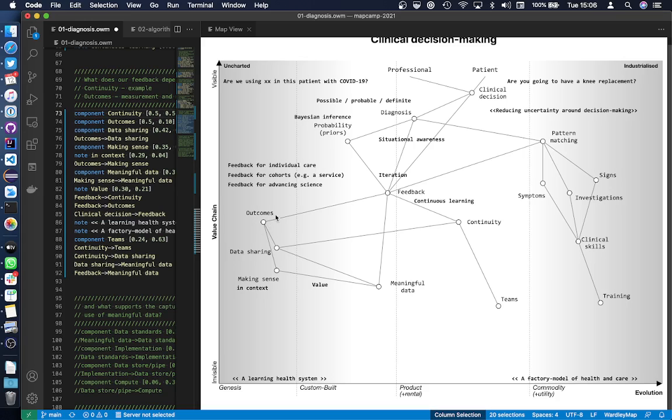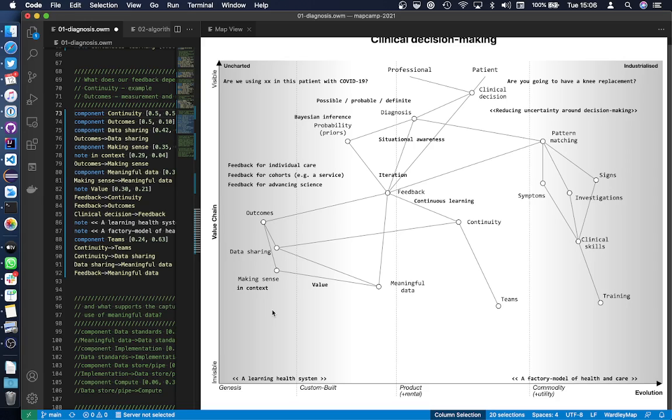We need to focus on outcomes, which we do not do. So how do we assess what we're doing unless we're measuring outcomes in a systematic fashion? And if we need continuity and we want to focus on outcomes, we need to share data, and that means making it systematic, and we do not do that at the moment, apart from in areas of innovative practice like joint registries.